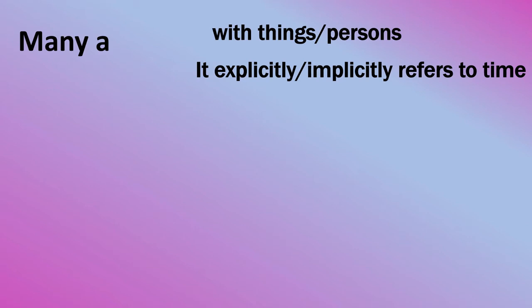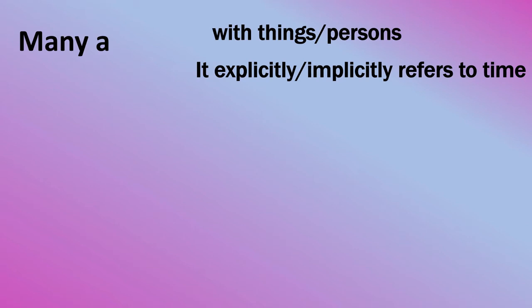Explicitly means something that we can see or feel directly. On the other hand, implicitly means something which is hidden. We can just feel it or only sense it.